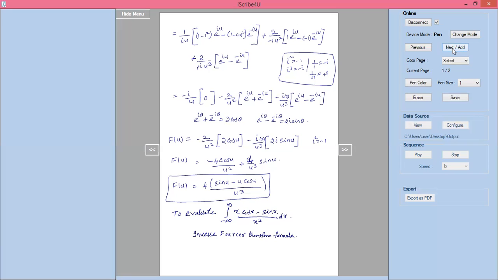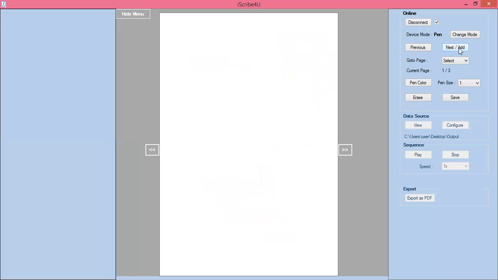Inverse Fourier transform formula. If f of x equal to, what is that formula?